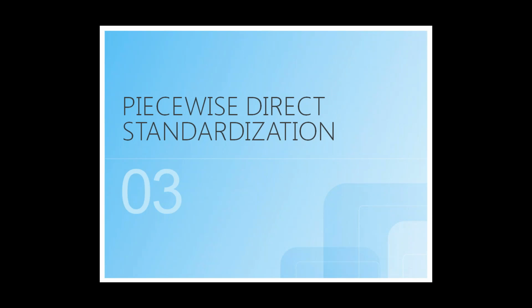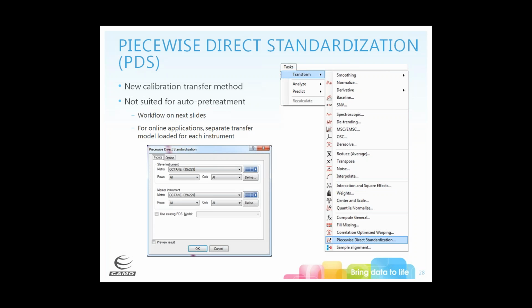I think I'll just jump directly to the next transform, which is piecewise direct standardization. And this is a method for calibration transfer. So a typical example is that you have one instrument in the lab, which is referred to as a master instrument, and then you have multiple instruments out in the field, but that are similar but not identical, of course.